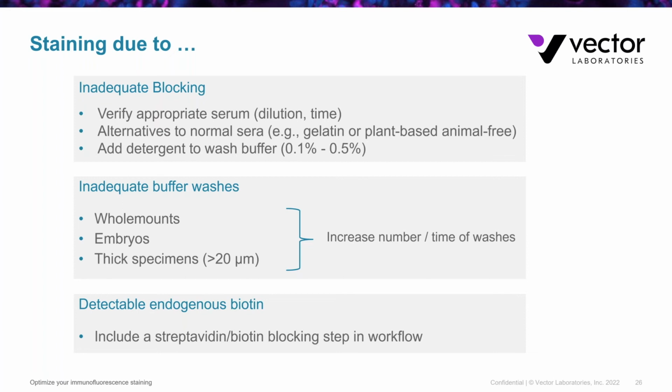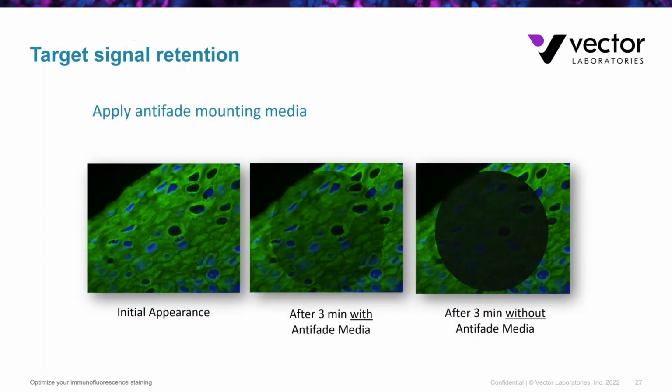All right, hopefully that gives you some pointers, a few little tips and tricks in reducing or eliminating background from sources other than autofluorescence. So now let's finish up by looking at target signal retention. This series of images really showcases the importance of applying an anti-fade mounting media.